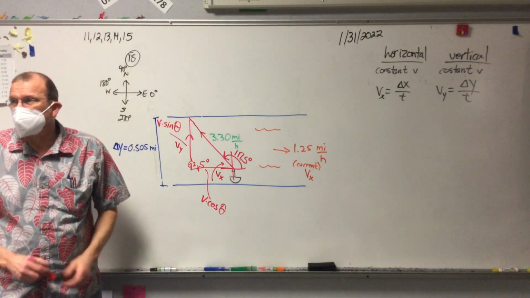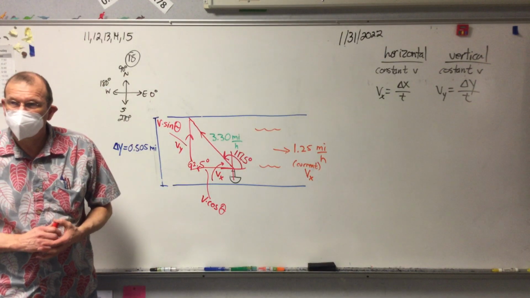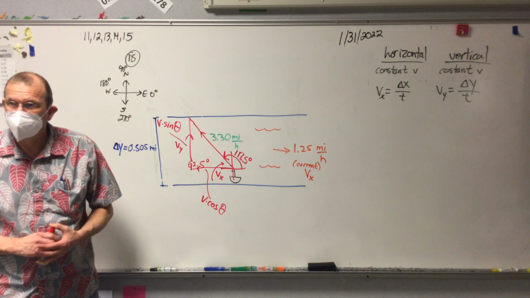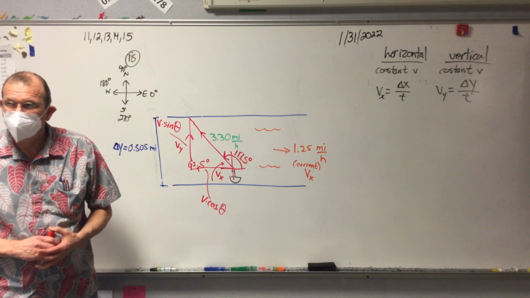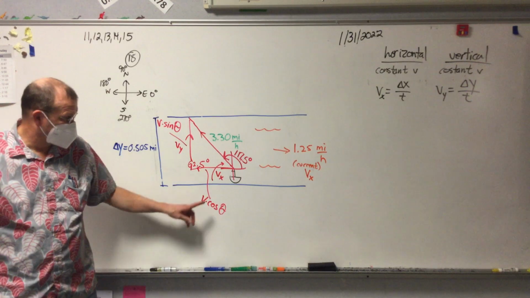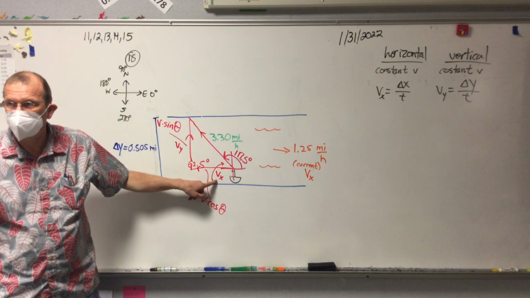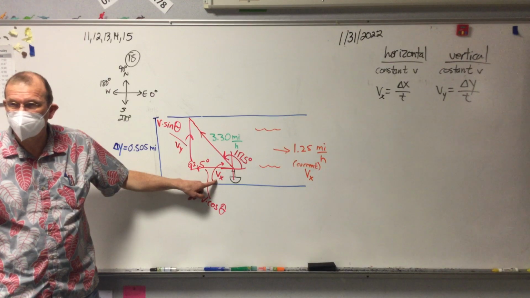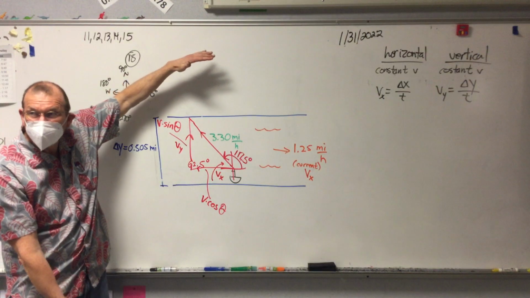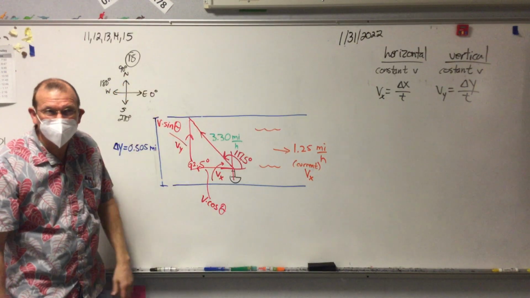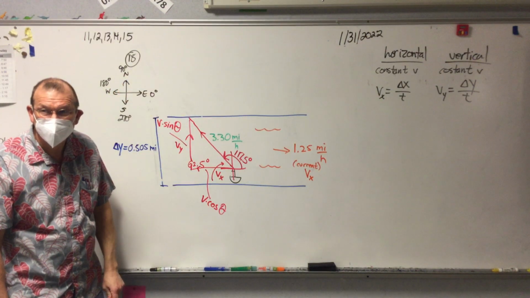Why is Vx going to be a little more complex? Anybody calculate this one yet? This is where it's all in the picture. This is why I value the picture.